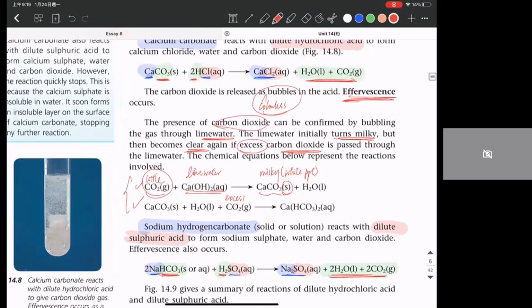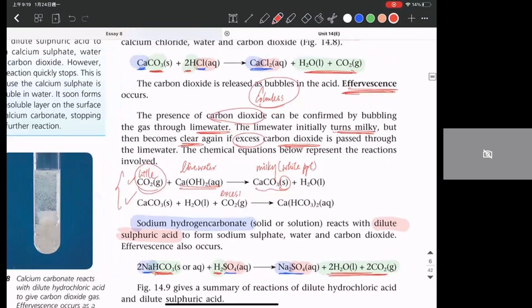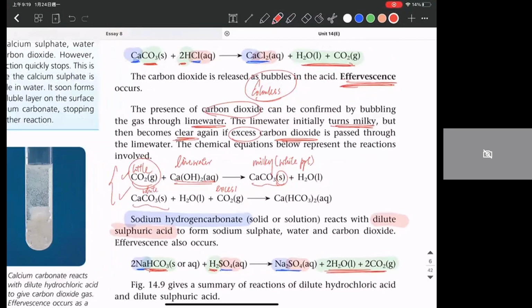But later on, that milky solution becomes clear again because it forms water-soluble calcium hydrogen carbonate. Okay, so this is what you know about this.